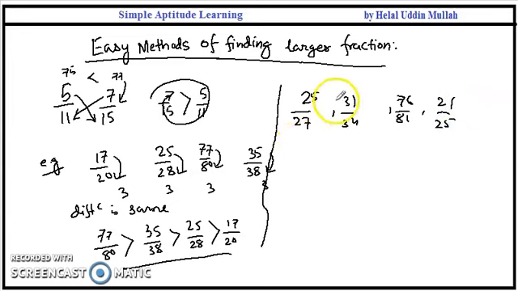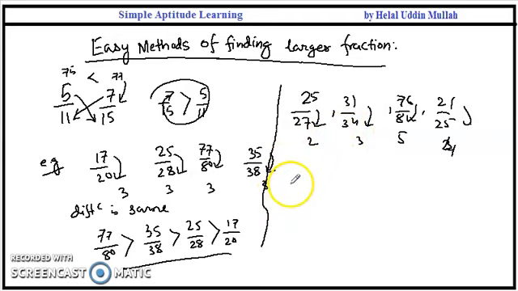In such cases, the difference you will see is 2 here, it is 3 here, it is 5, and here it is 4. So all these difference values are not the same, so we cannot directly say that the fraction with the larger numerator will be the largest one.